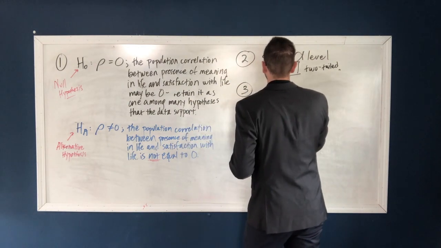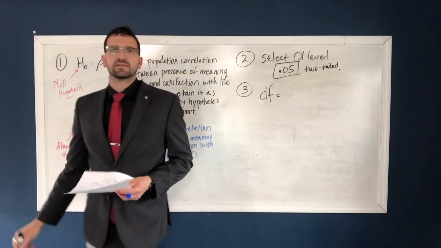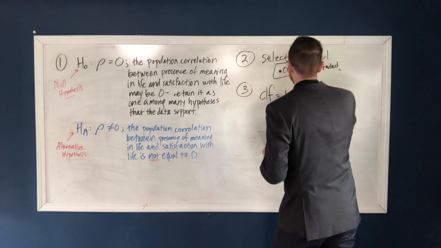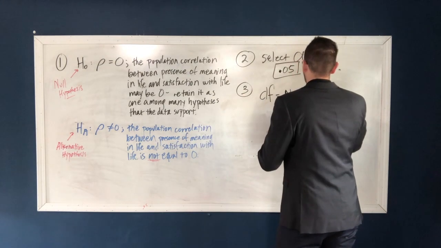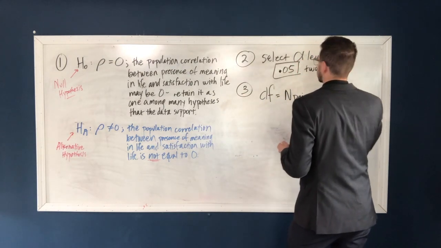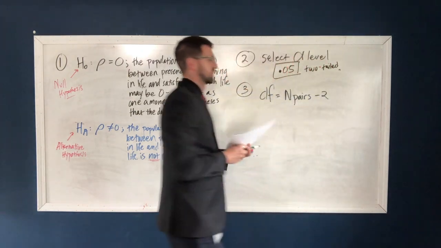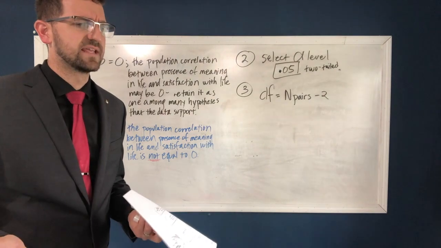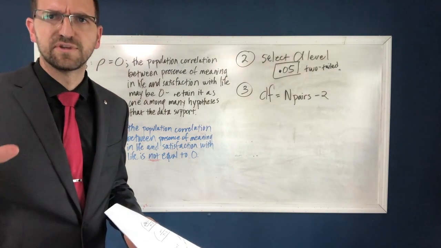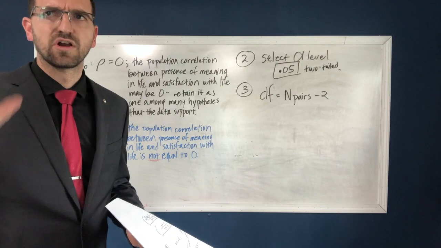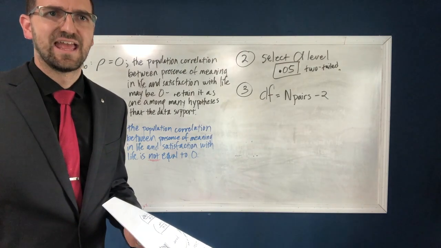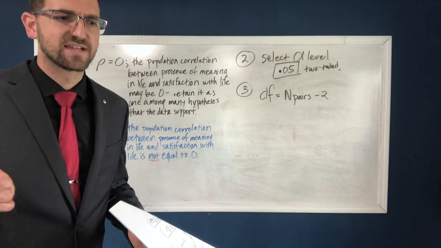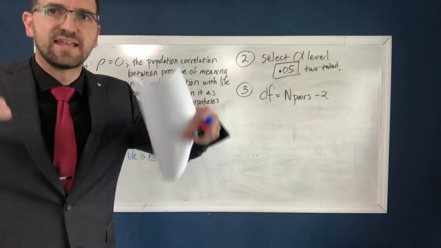Step 3, we have to find the degrees of freedom. DF stands for degrees of freedom. So degrees of freedom equals n pairs minus 2. Well, what does n pairs mean? If you remember the data that we just had on the board, there are 10 participants, and they had a presence of meaning in life score and a satisfaction with life score. 10 pairs.